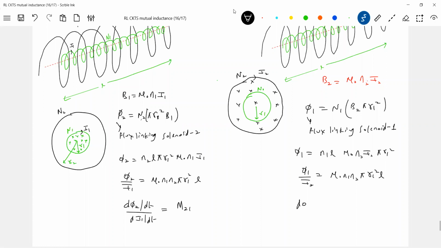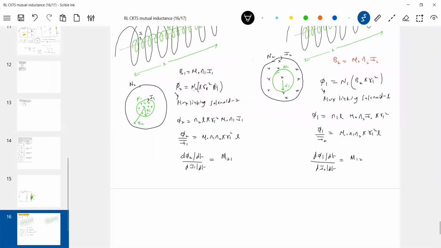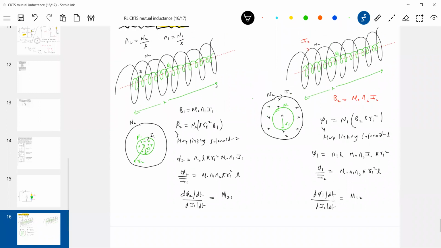Similarly, I'll differentiate this. What is d phi 2 by dt? Shall we call that the EMF induced in the second solenoid due to varying current in the first solenoid? This is again, you check the advanced, no?